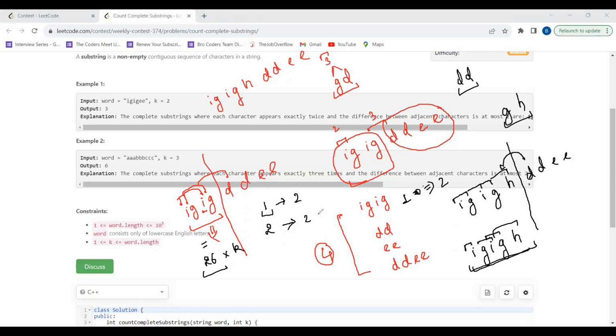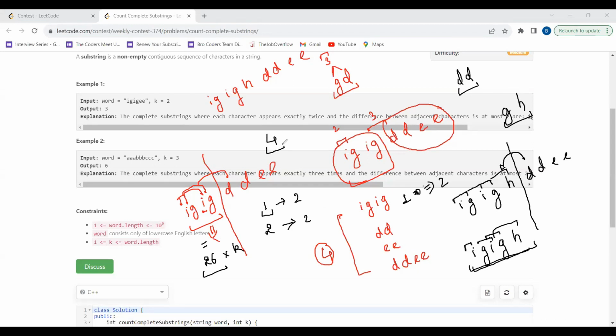Now here, I don't want the two unique characters to be adjacent like DDEE. They can be in any sequence.